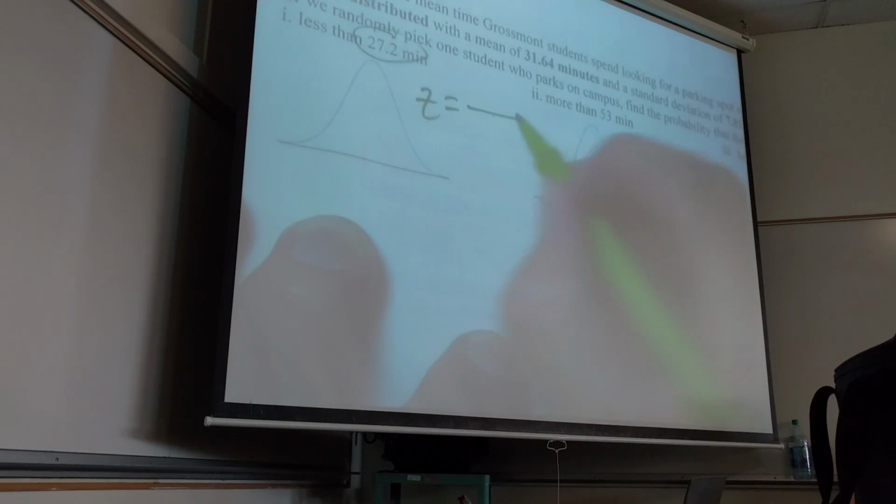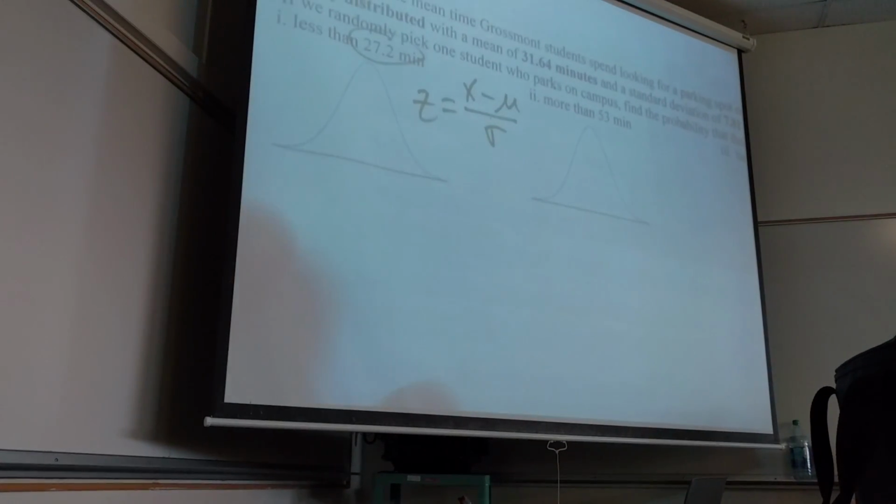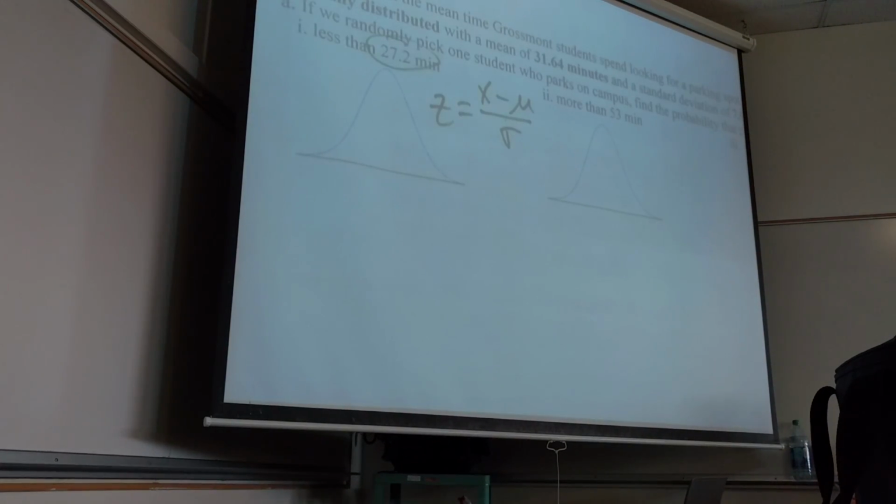Something over something. Well, what does the z-score tell you? From the mean to a data point, how many standard deviations fit in there? That's the formula. How many standard deviations fit into the distance between the mean and the data point?